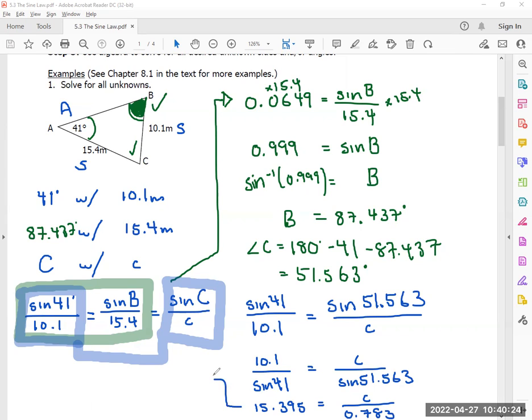Sorry for writing it all over the place, but I'm running out of space. C is 15.395 multiplied by 0.783, which is 12.054 meters. Correct, to get C all alone. And that's it. Take a look.